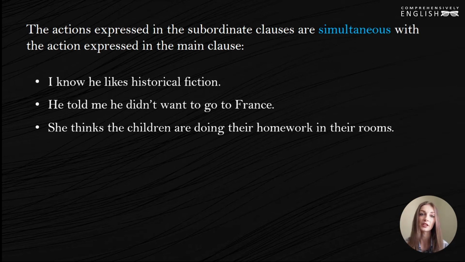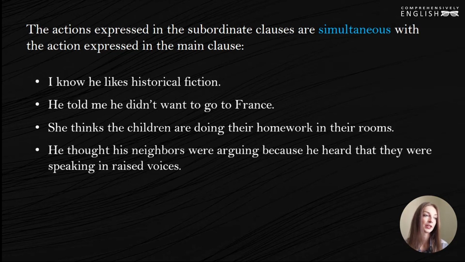In this case, it expresses opinion, not the process of thinking. So she thinks, the present simple is used, and the children are doing their homework. That's a process that is going on right now, so we want a progressive tense. The present progressive tense thus is used here. But still, these actions are simultaneous. They exist in the same room on the timeline.